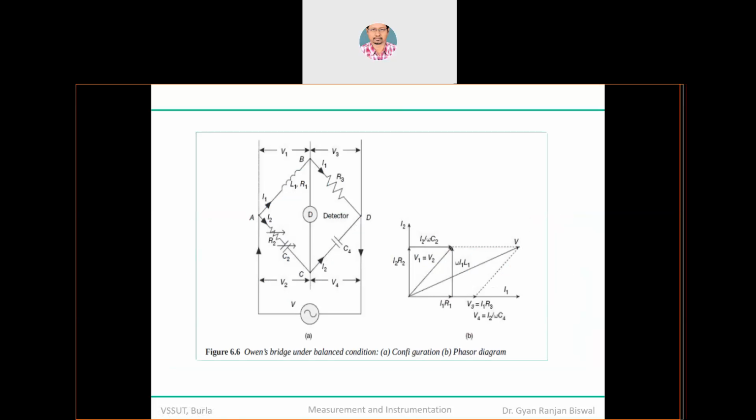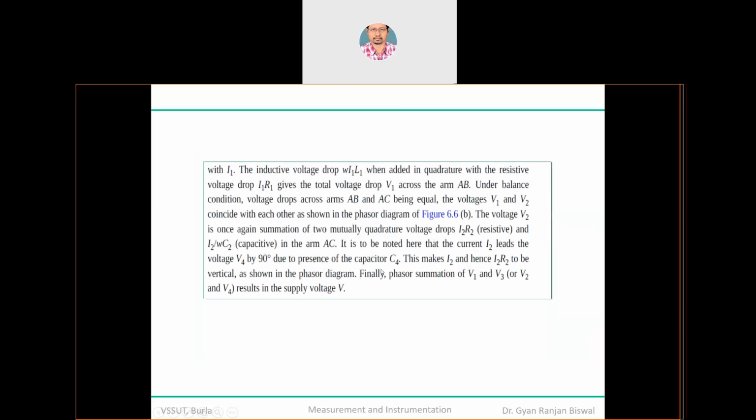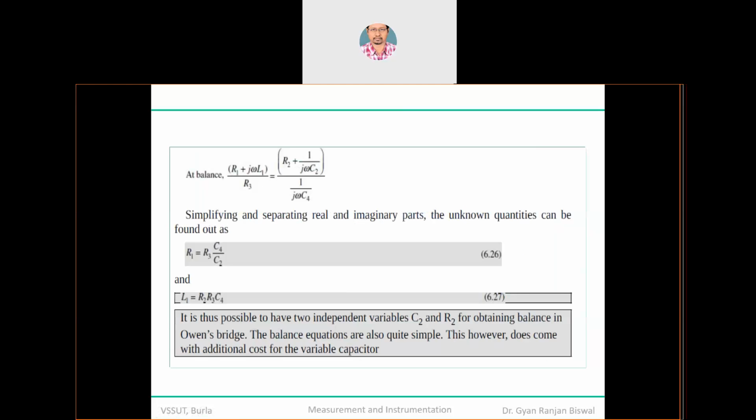Apply the balancing condition. So in that case, what happened? R1 plus j omega L1, multiplied by 1 upon j omega C4 should be equal to R2 into R3 into this R2 in series with the C2. Clear?